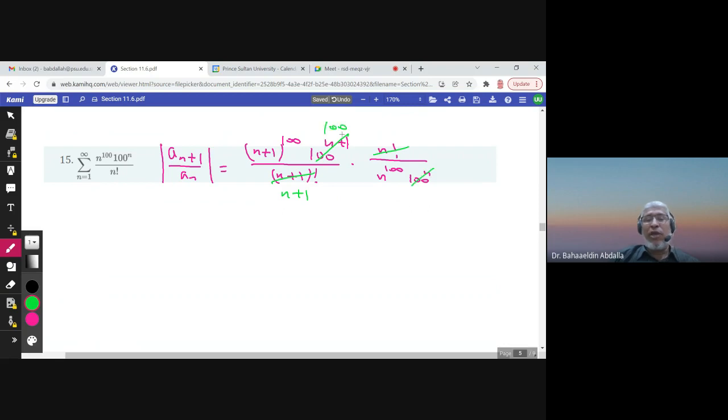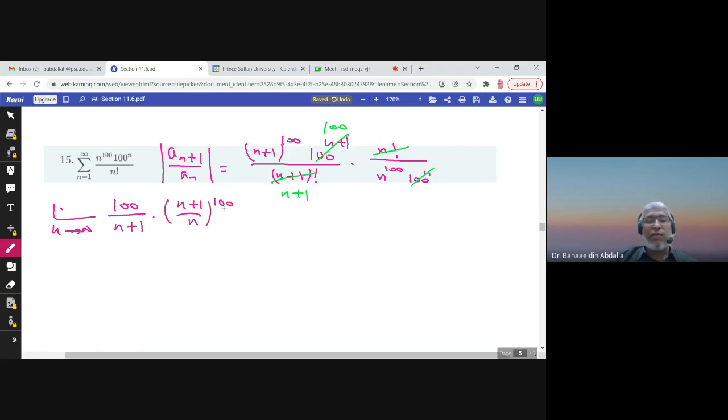So now I have the limit when n goes to infinity of 100 over (n+1) times ((n+1)/n) to the power 100. Let me write it like this.